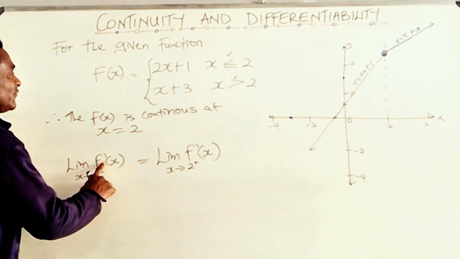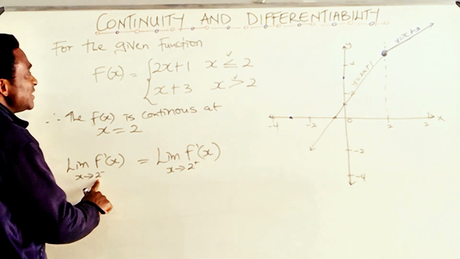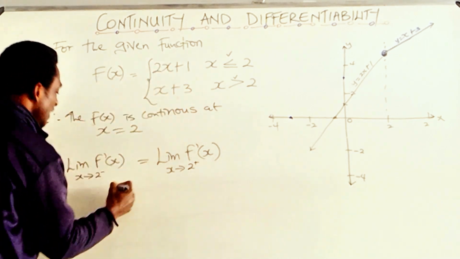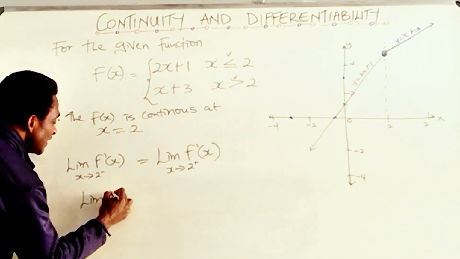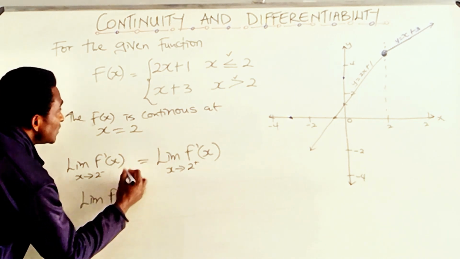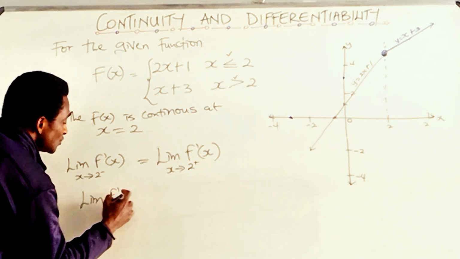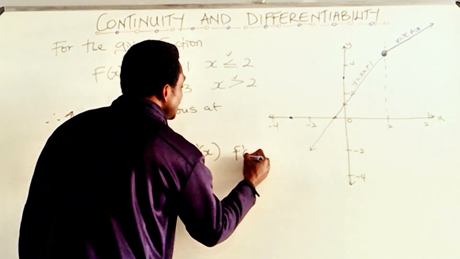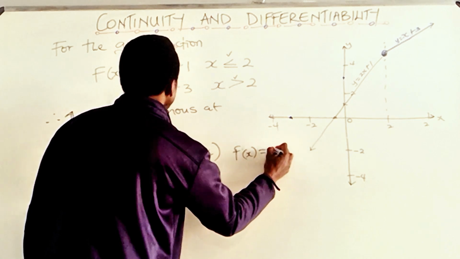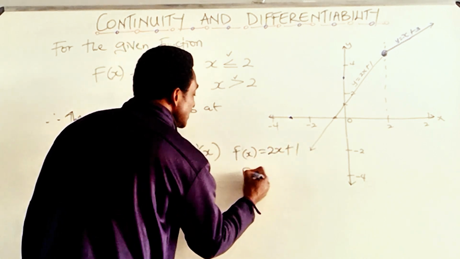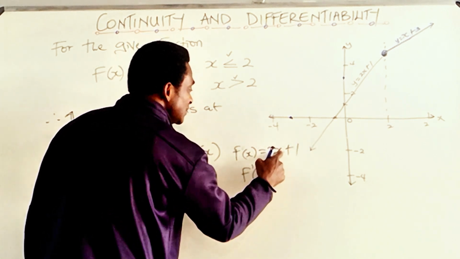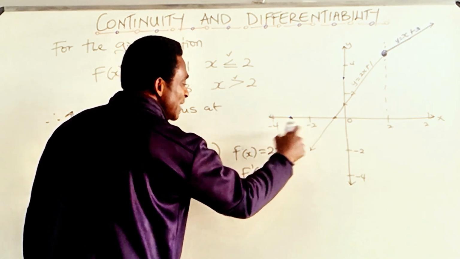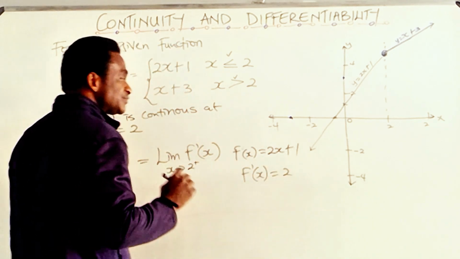So let's see. The first derivative from the negative is this one. The function is 2x plus 1. The first derivative of this function will be 1 times 2, and then 1 minus 1, so it's 2.